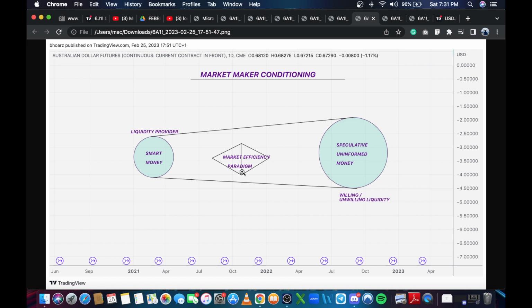And then we have the market efficiency paradigm. The market efficiency paradigm is the gap you have to bridge between what smart money is versus what speculative uninformed money is. And to be profitable consistently and do the things you see me do on the live session, that is the gap you have to bridge conceptually, okay, in terms of understanding.